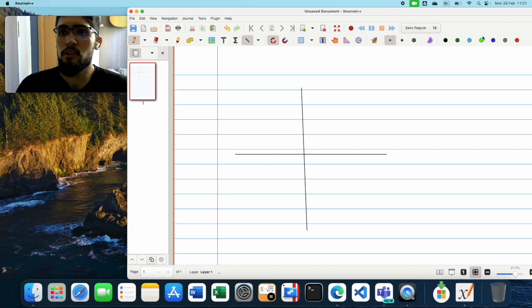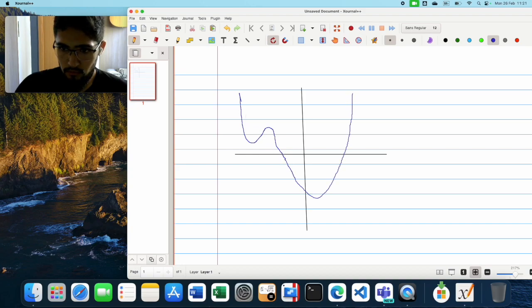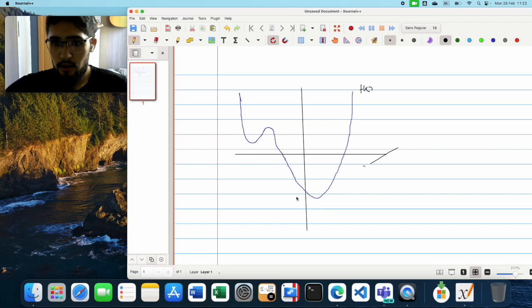Imagine that we have a function f whose shape is this one. Oh, I have to stop doing straight lines. So imagine this function f of x. Okay, perfect. Here, as you can see, we can observe two minimum points.